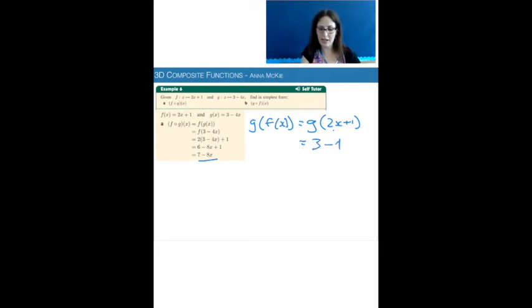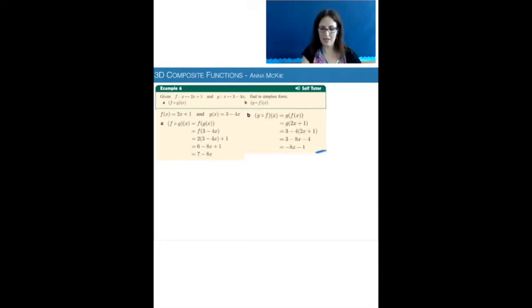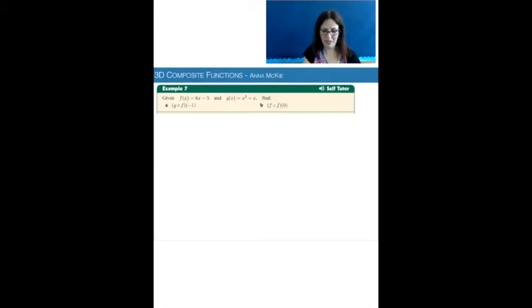So 3 take 4x, but instead of an x, I've got 2x plus 1. Written out neatly, that comes to be our answer there. So you can see that was the line I got up to, and then expand the brackets, collect like terms. And as you can see, they're not the same. And most of the time they're not.